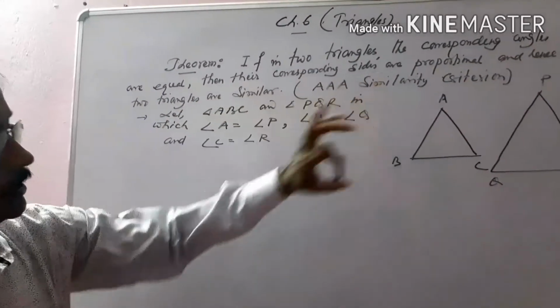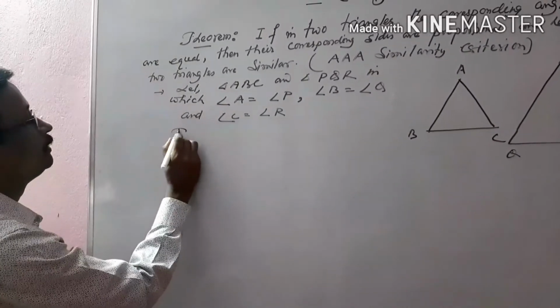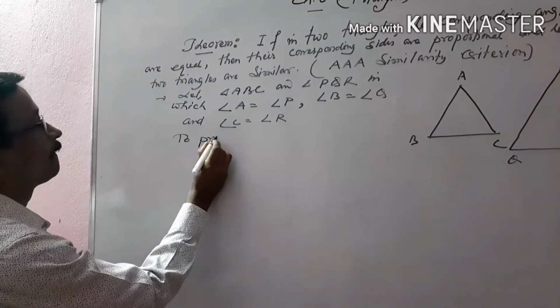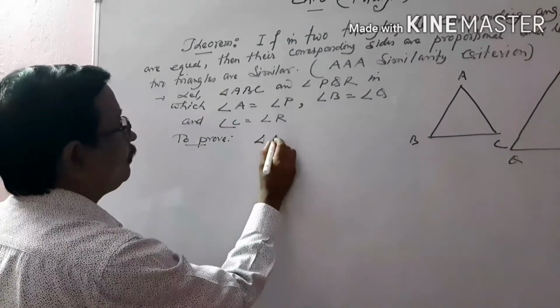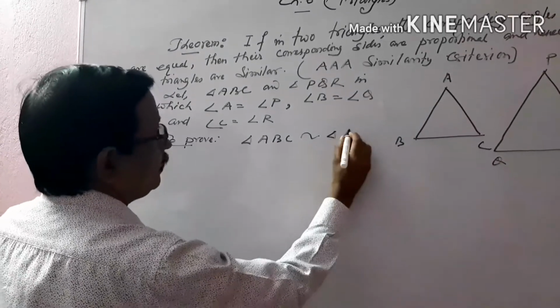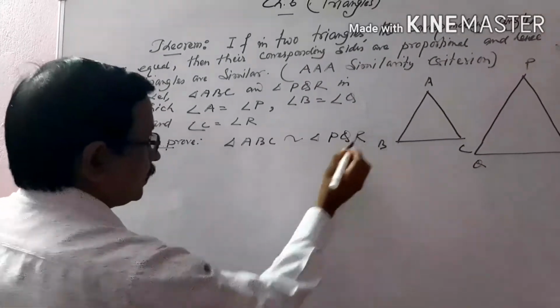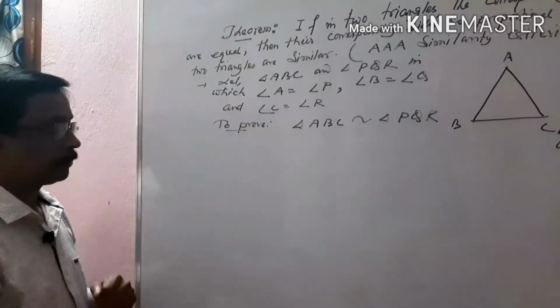Then the corresponding sides are proportional, that I will show. And we have to prove that triangle ABC is similar to triangle PQR. You keep attention and understand it properly, otherwise you cannot do it.